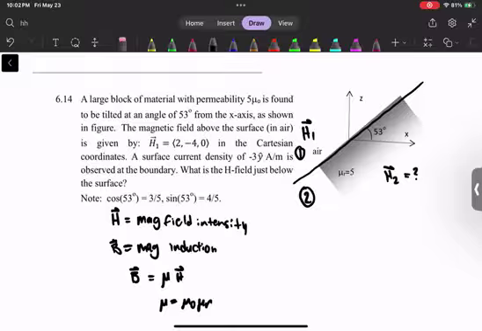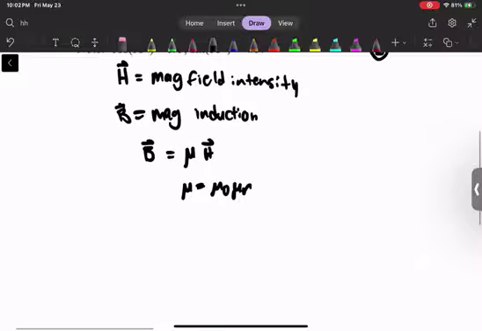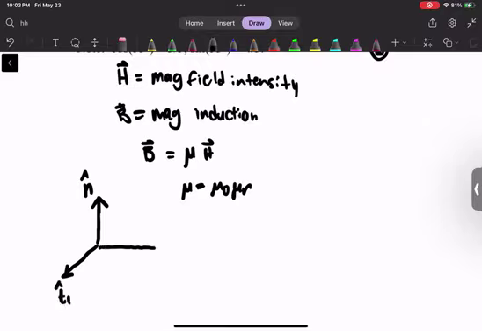To start this problem, we're going to solve it using the algebraic method instead of the matrix determinant method. First we know that every 3D object has one normal component and two tangential components, T1 hat and T2 hat.